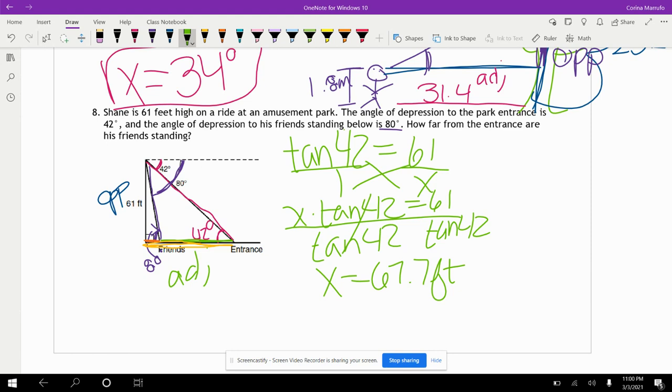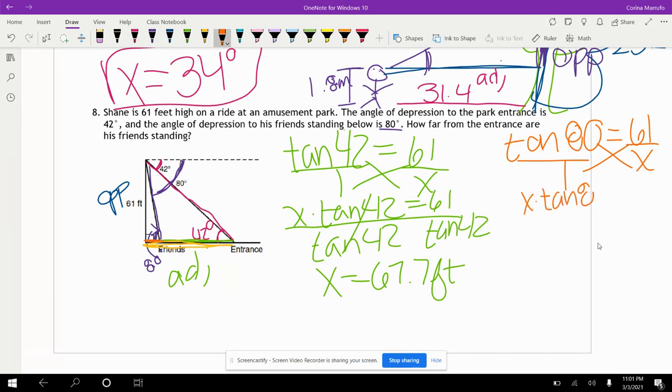feet. Now let's find this little tiny distance right here. This time I'm still using tangent, but my angle is 80 degrees. So tangent of 80 is equal to my opposite, which is 61, over my adjacent, which we don't know, so we're calling it x. We put this over 1 and cross multiply, and we get x times tangent of 80 equals 61.